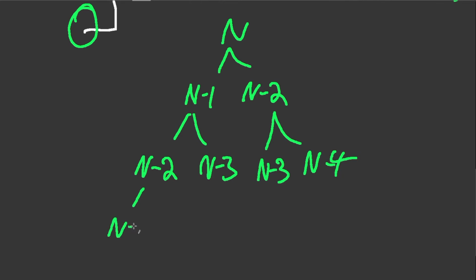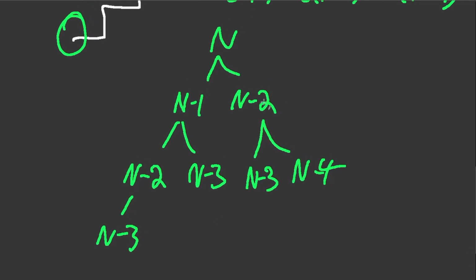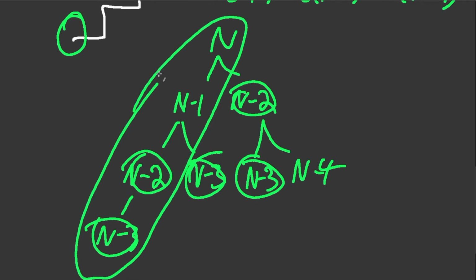And a key insight, I think, is that when you look at all these repeated values, you can see that to solve this problem, we actually only have to go down this leftmost branch. Because once we visit this node and we save the value, by the time we're up here, we already have this value saved, so we can just reuse it. And so we actually only have to go down this one branch.